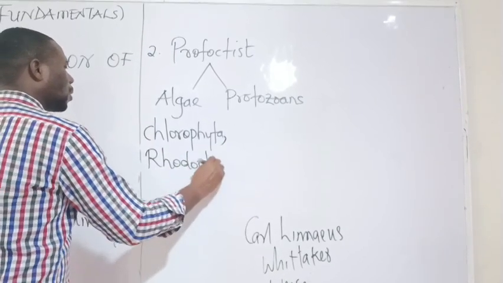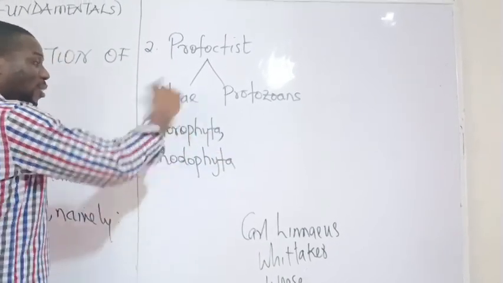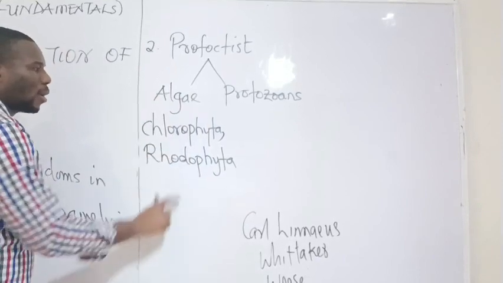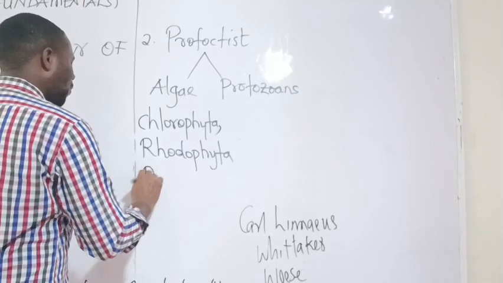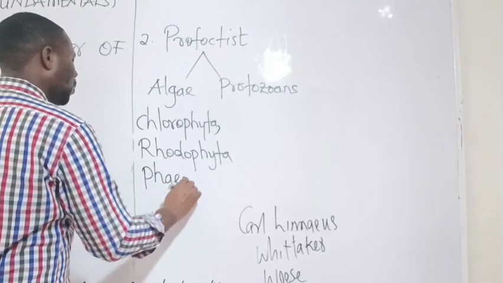It's just a collective term for protoctists that belong to these groups. The last one we have is the phaeophyta.